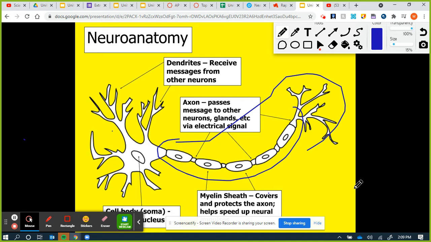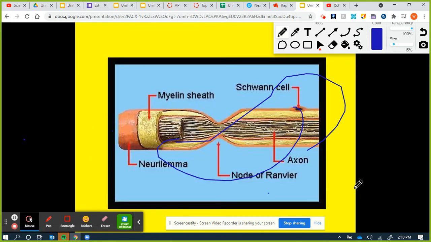With some neurodegenerative diseases like Alzheimer's, the myelin sheath deteriorates, which stops those neurons from being able to communicate. We can see here, here's the axon, and then here is the myelin sheath that covers it.